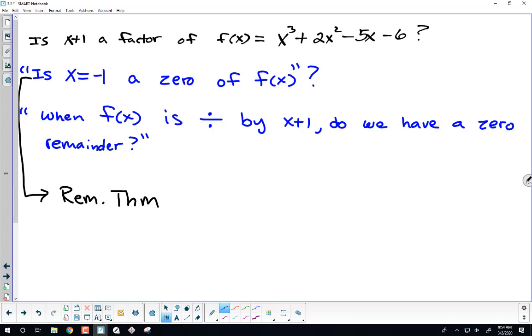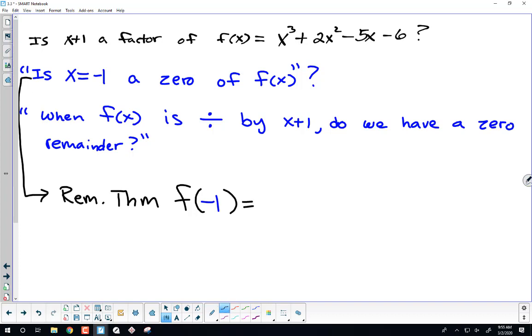Again, I wouldn't ask you on the exam, what is the remainder theorem? It just comes out in practice that you need to know what it is. That's when I take the function, evaluate it at my 0 or my potential 0 to see if in fact it is a 0.